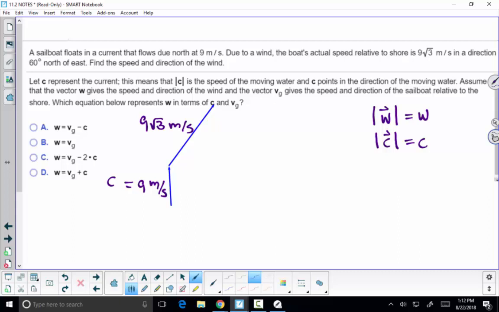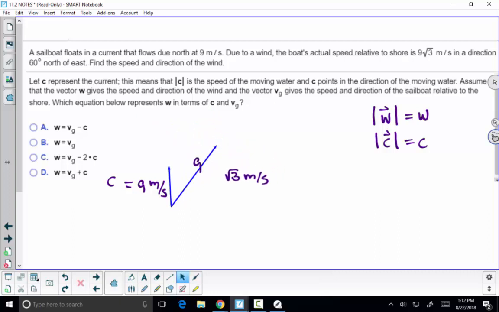I did have it drawn in the right place, but I labeled it wrong, so then I interpreted it incorrectly. So this is 9√3, sorry about that. So this is V sub G. And the wind that we're trying to find is blowing, if we're drifting this way, the wind is blowing us so that we end up over there. So that will be our wind right there.